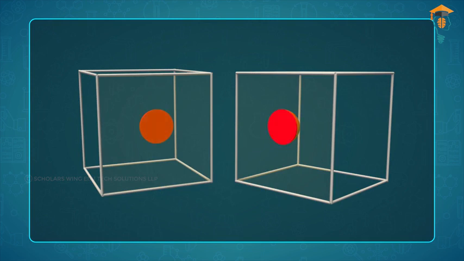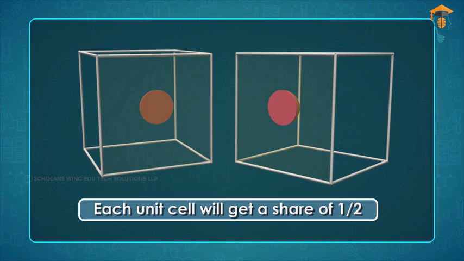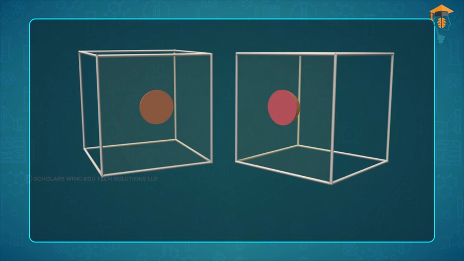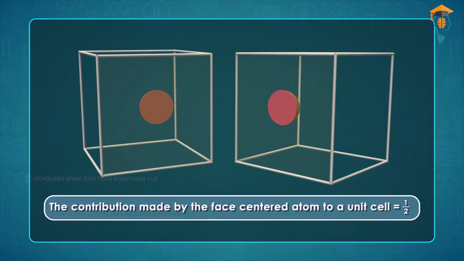Instead, only a portion of it belongs to each unit cell. Okay, since this atom is shared by 2 cells, obviously, each cell will get a share of only half, isn't it? Therefore, my dear friends, the contribution made by a face-centered atom is always half.